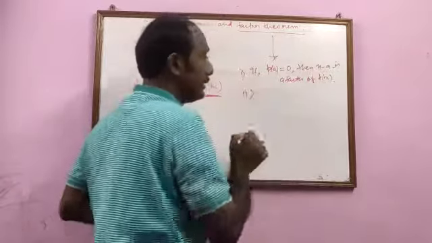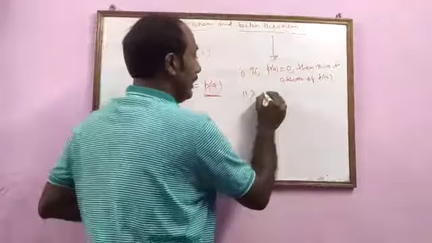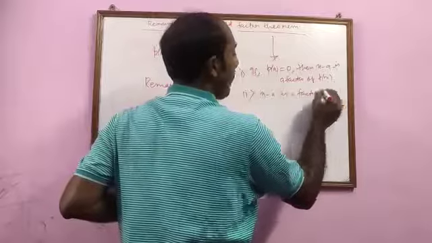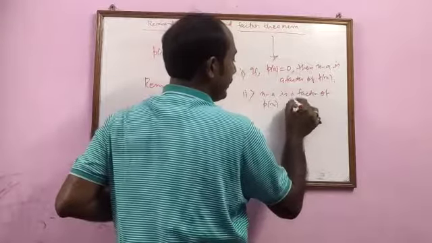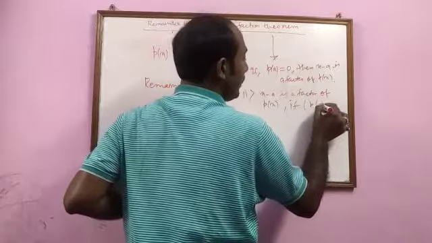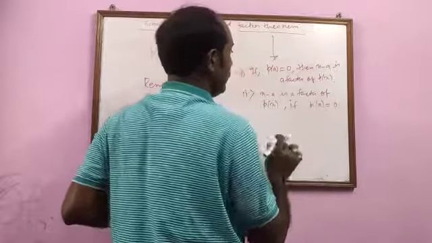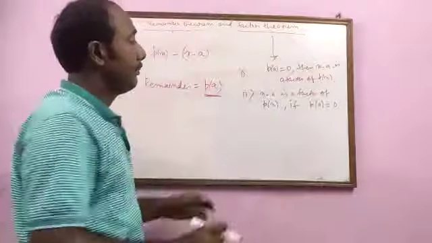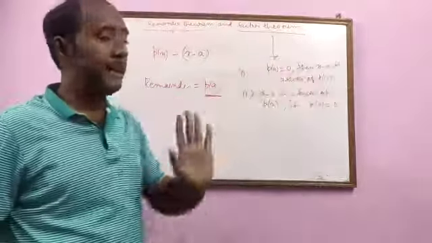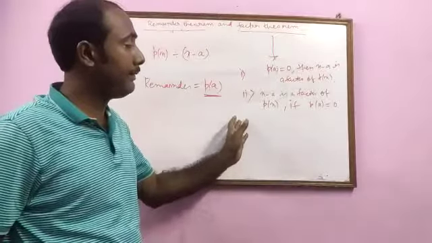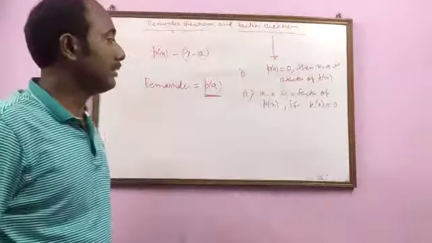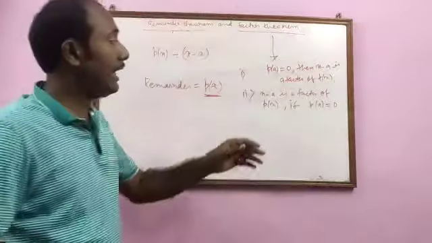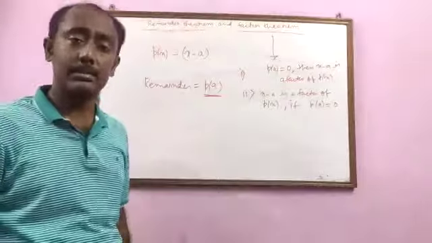The second part is that if x minus a is a factor, then P(a) is equal to 0. So these are the two aspects of the factor theorem.